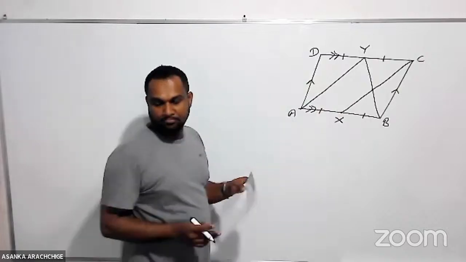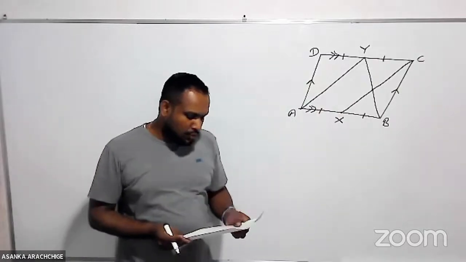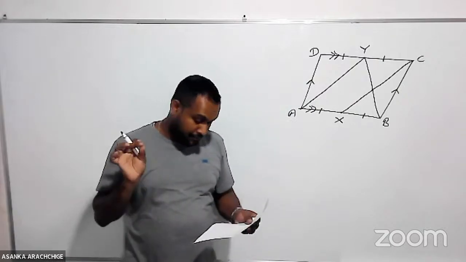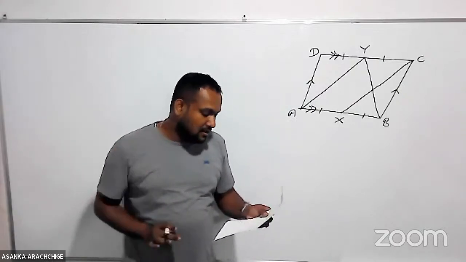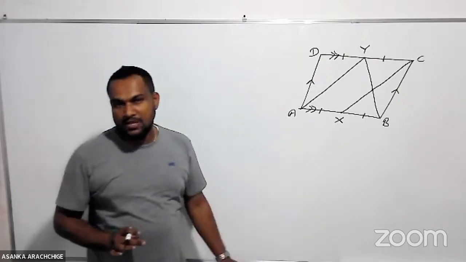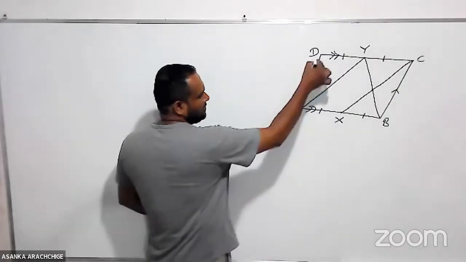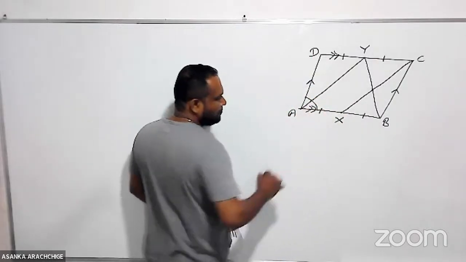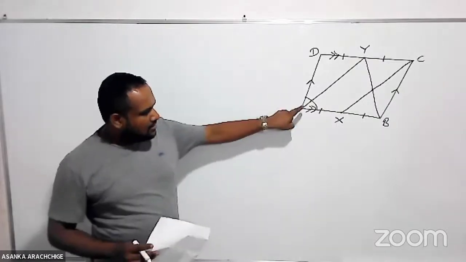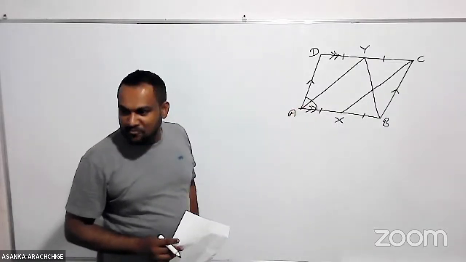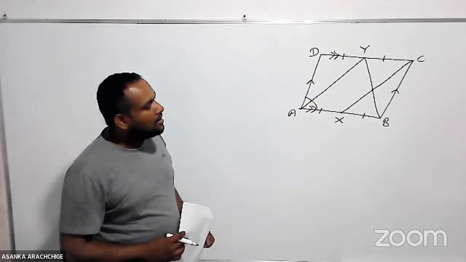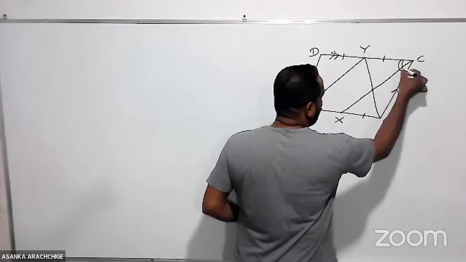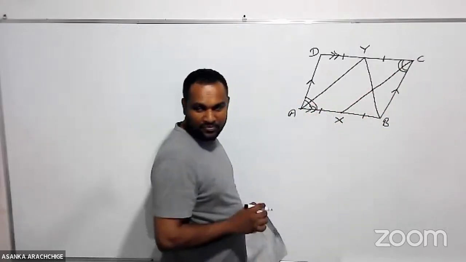So the first thing you need to prove: name an angle equal to DAB. Okay, this is DAB. Tell me, which is the angle equal to this? BCD. These two angles are equal. Reason?